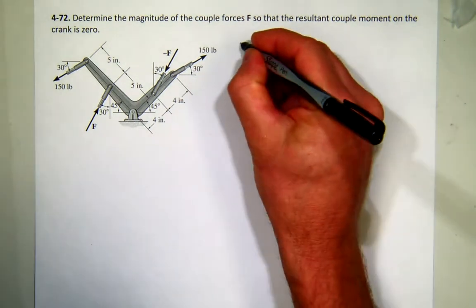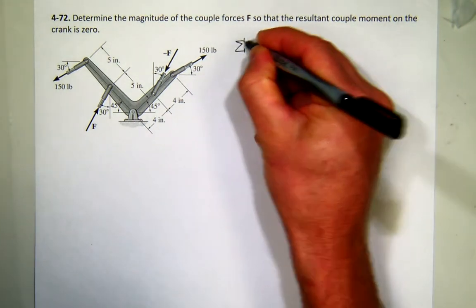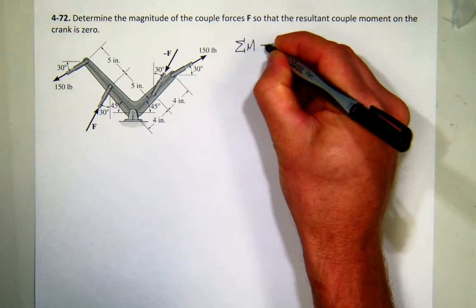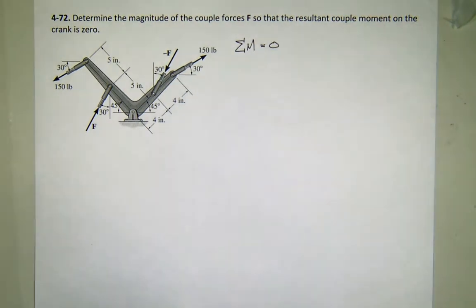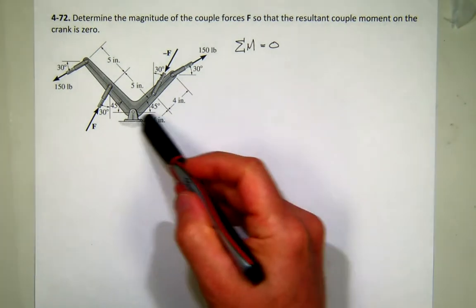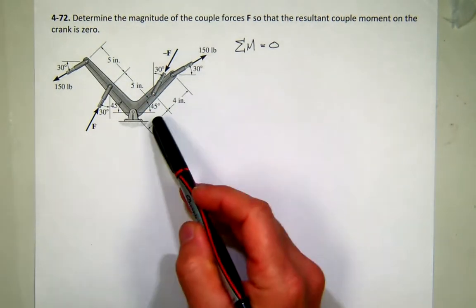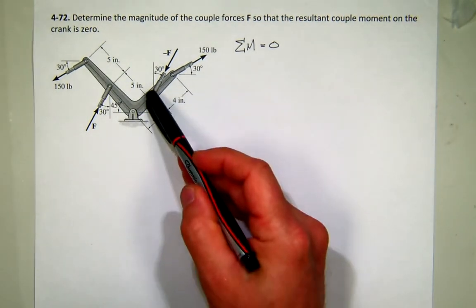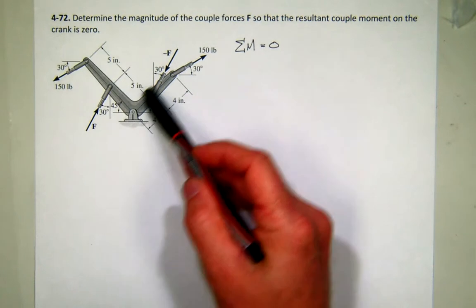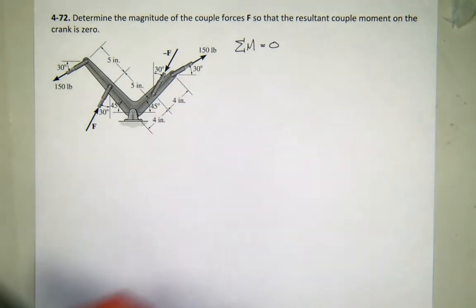So in some sense we're going to say the sum of the moments in this problem should be equal to 0. So let's find the moment for the first couple. Since all the distances are given in this system, and you'll notice that this is at 90 degrees, 45, 45, so this is really a skewed system.